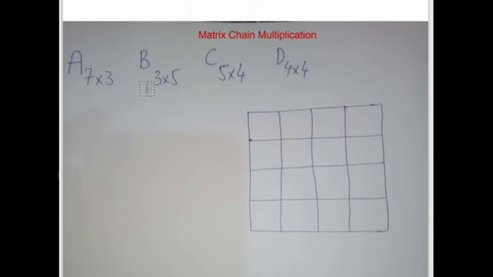But how many multiplications do I have to make to get the third matrix? Now see, here we have rows and columns as 7 into 3, 21, 7 into 3 into 5. So we will get the result as 105.